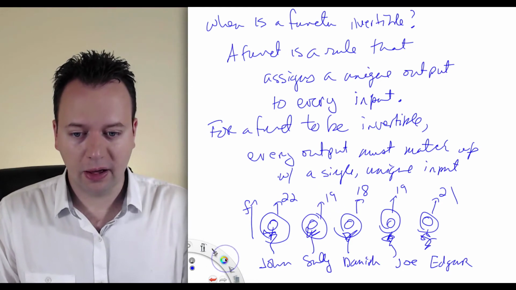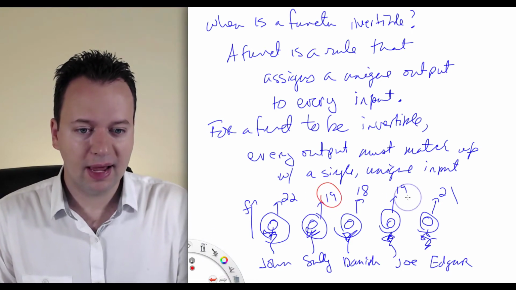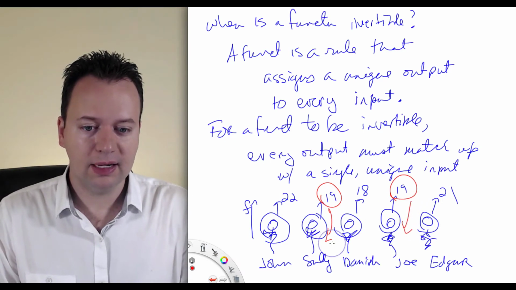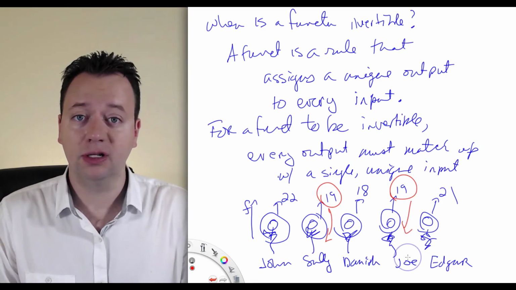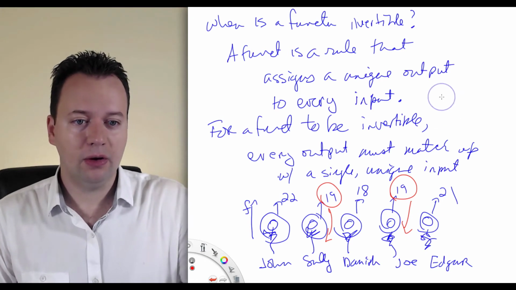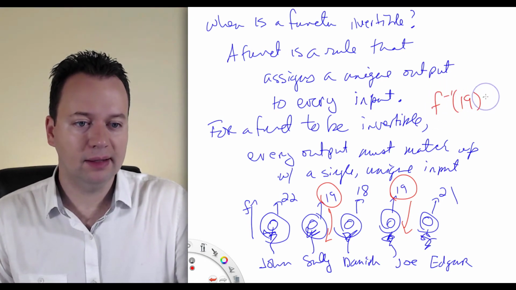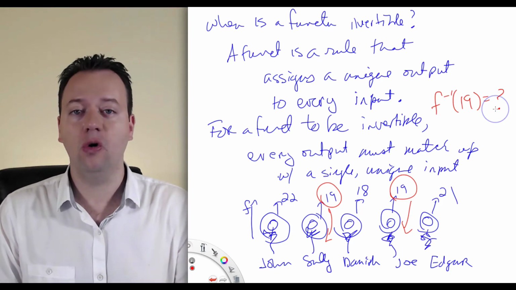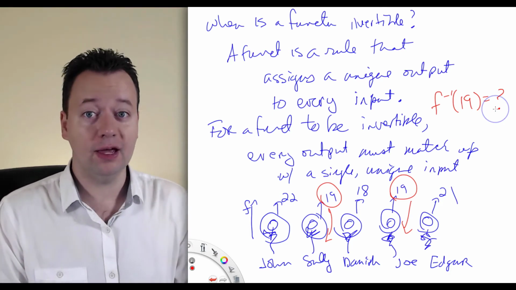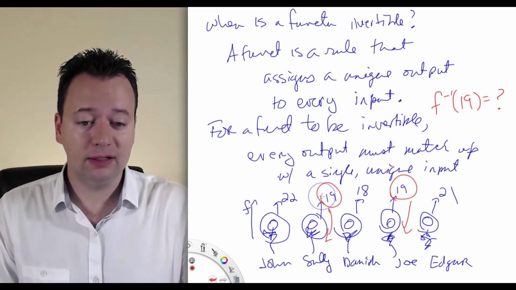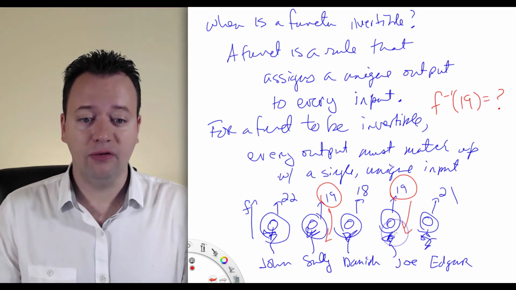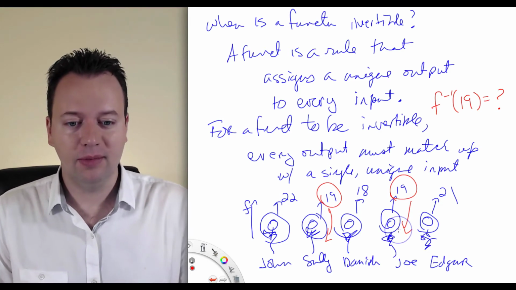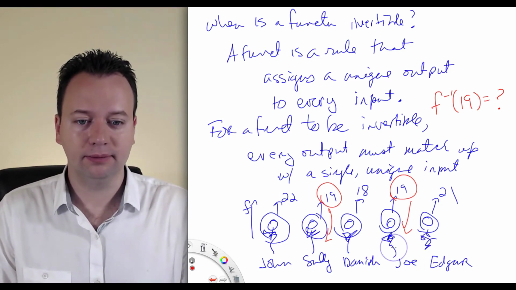The answer is no, because 19 is assigned to two inputs. 19 matches up with Sally, and it matches up with Joe. So f inverse of 19 has to have a uniquely specified output. There can only be one person in the classroom whose age is 19. In this case, there are two people, so the function is not invertible. It does not have an inverse, because the inverse would not be a function.